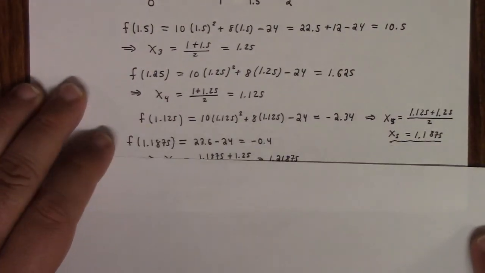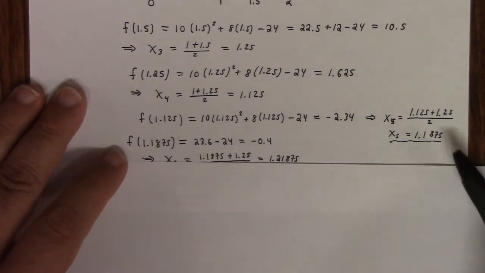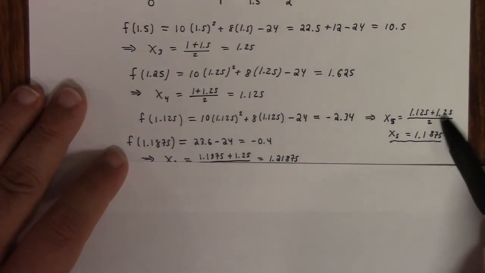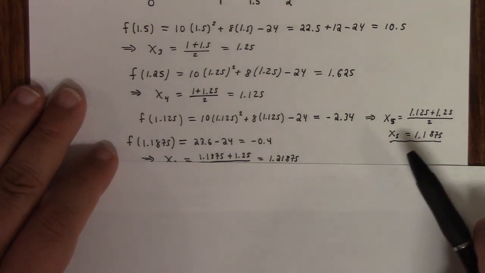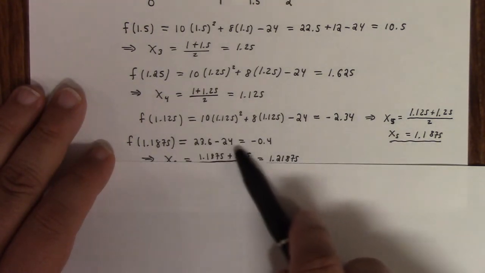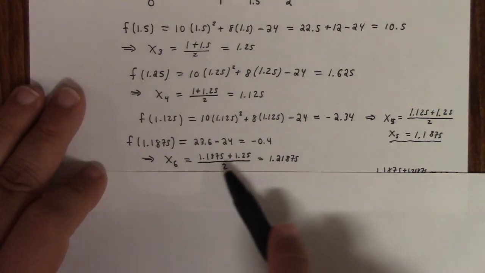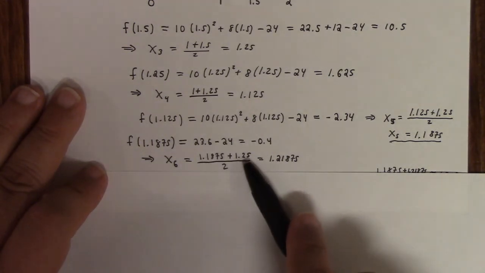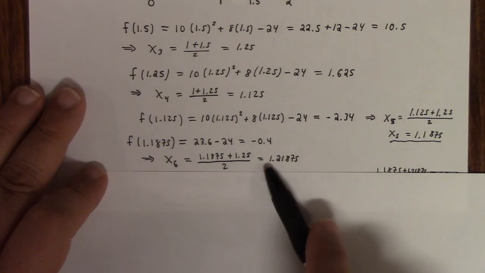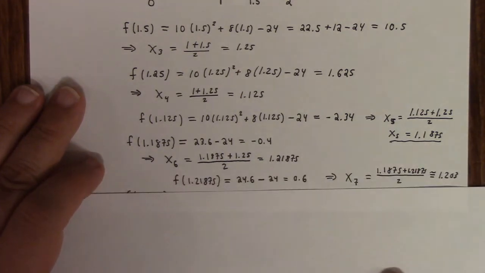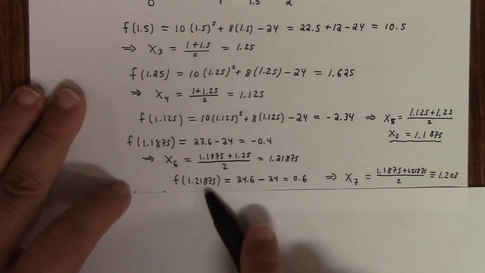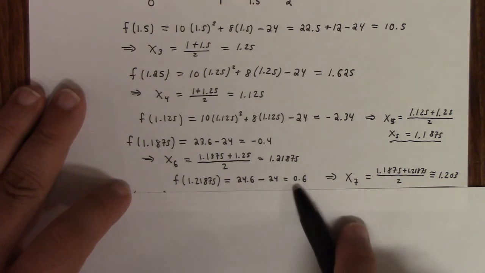So I take the midpoint of 1.125 and 1.25, and that gives me 1.1875. And I plug that into the function, I get minus 0.4, which then says I need to look between 1.1875 and 1.25. I take that and find the midpoint, that's 1.21875. I calculate f of 1.21875, I get 0.6.